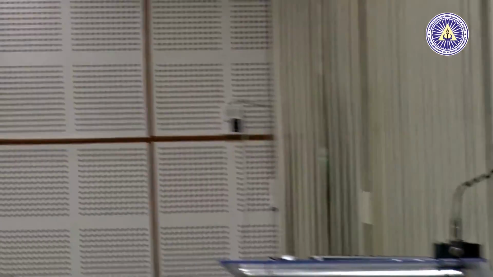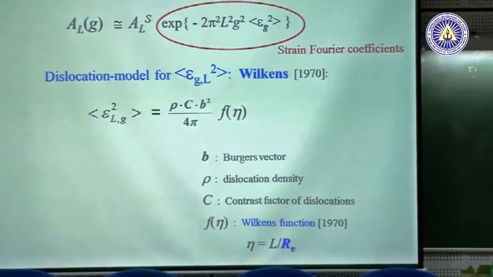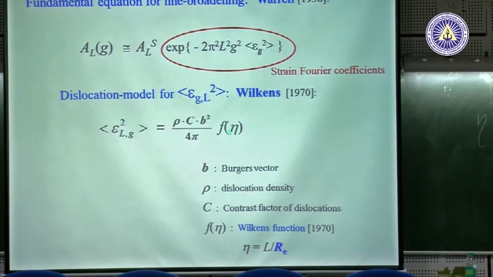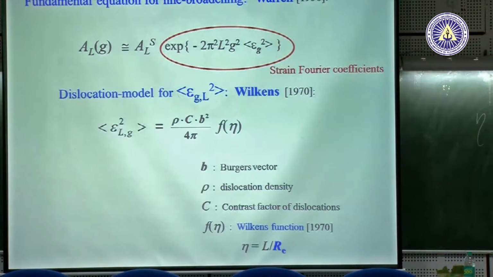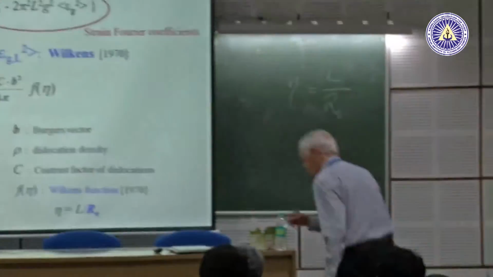In the Krivoglass formula, which Krivoglass derived, and you also find it in his book, instead of this f eta, there is a logarithmic term.